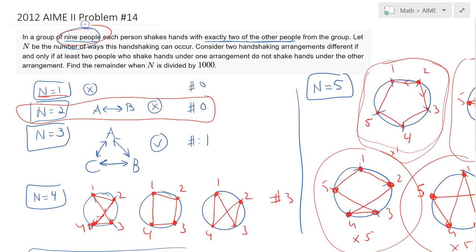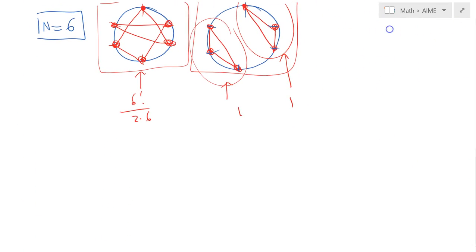So we have 9 people, so n is equal to 9. How can I split this 9? We can have a 9 cycle, a single cycle of length 9, or we can have, remember, each cycle should have length at least 3. So we're talking about partitioning this 9 in different ways.